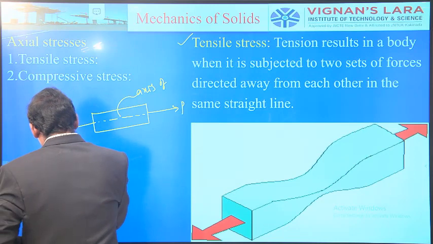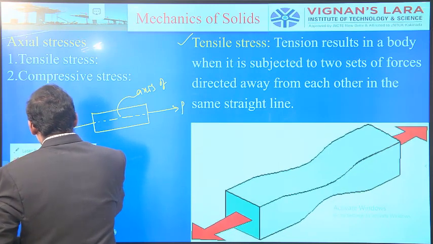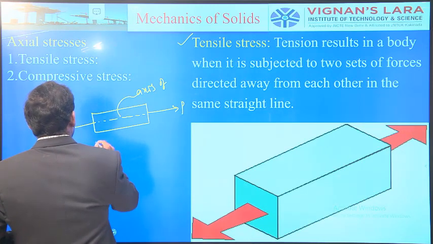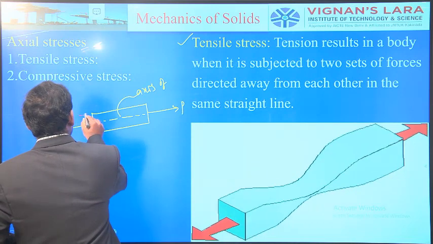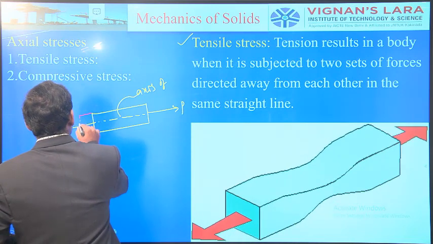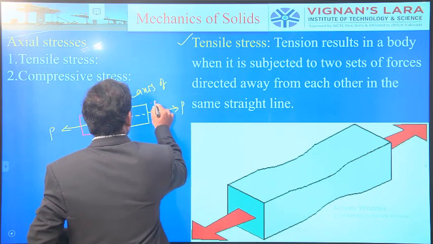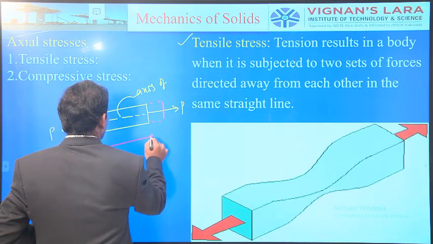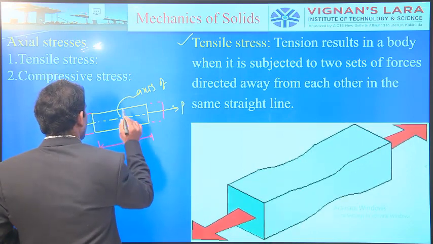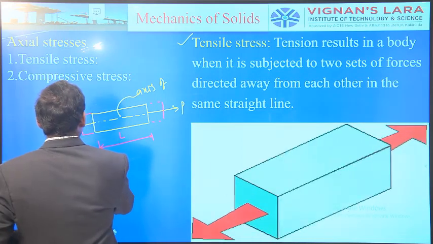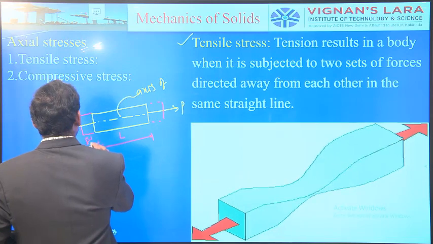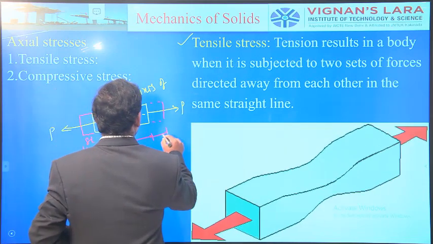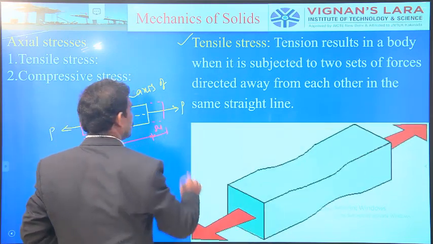Simply what happened? There is an increase in the length. The original length of the structural member or the bar is L. There is a change in length, delta L, on the left side, and there is a change in length on the right side also.